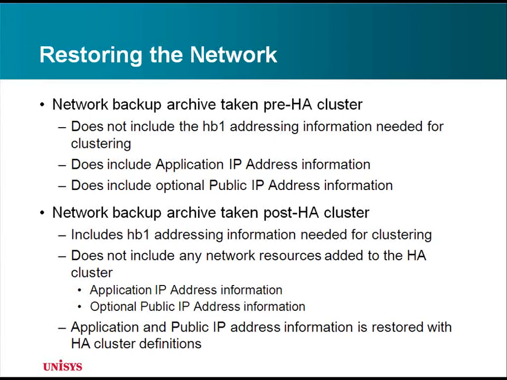If you take your network backup archive after you configure the HA cluster, then you will have captured the HB1 addressing information needed for heartbeat, but just a note, it won't include any network information about network resources that have been added to the HA cluster. This information will now be restored when the HA cluster definitions are restored.